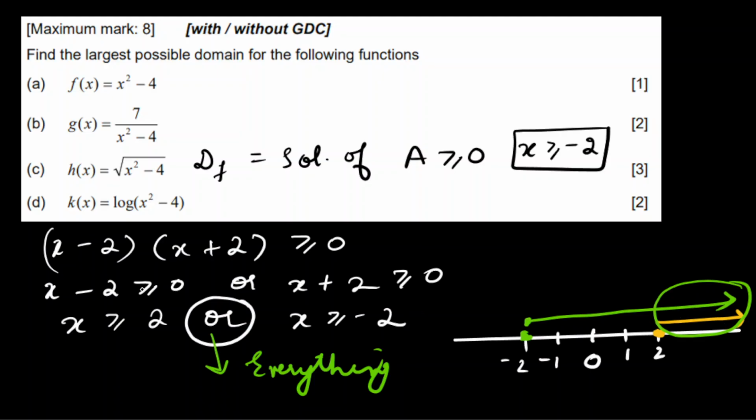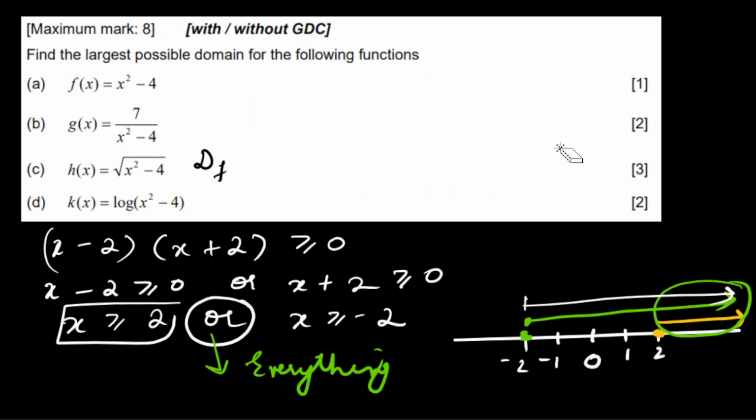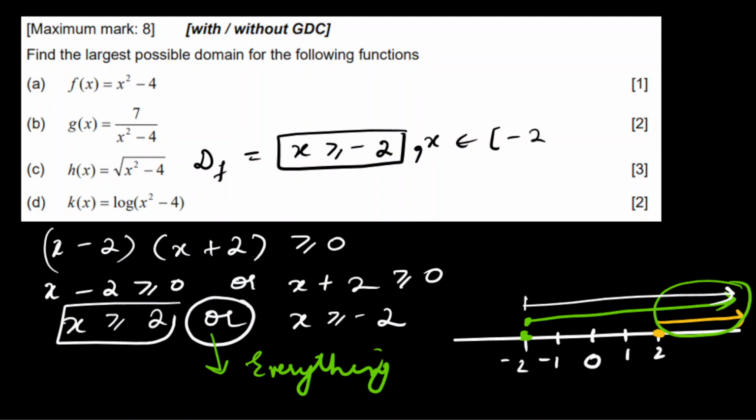This line covers x is greater than or equal to 2 also. Here I have drawn and shown you. So we can write the domain of this function is x is greater than or equal to minus 2, or you can also write it in interval form: x belongs to minus 2 to infinity.